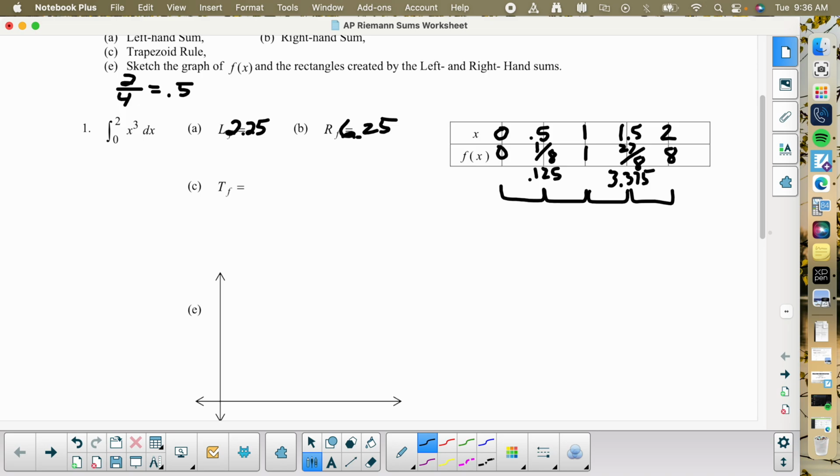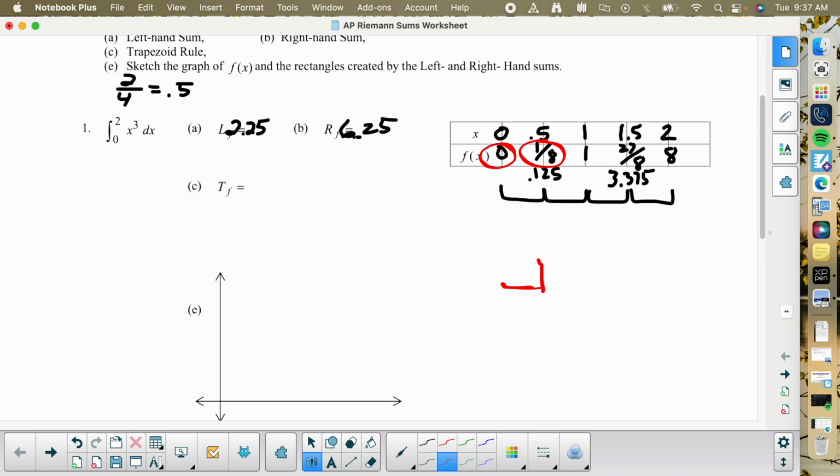On our first shape, I'm going to use both heights. I'm going to use the 0 and the 1/8. So my first trapezoid: 0 on the left, 1/8 on the right. Well, that's not even really a trapezoid, that's a triangle. You can still calculate it as a trapezoid, it'll still work.